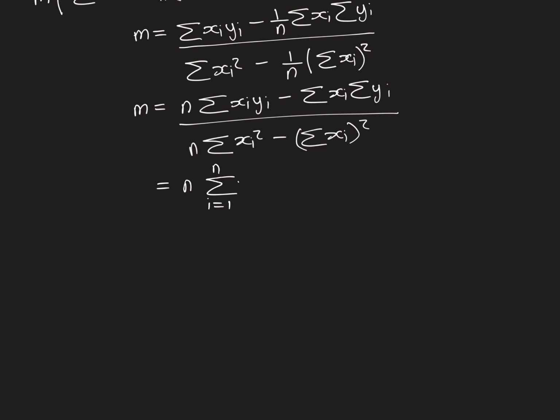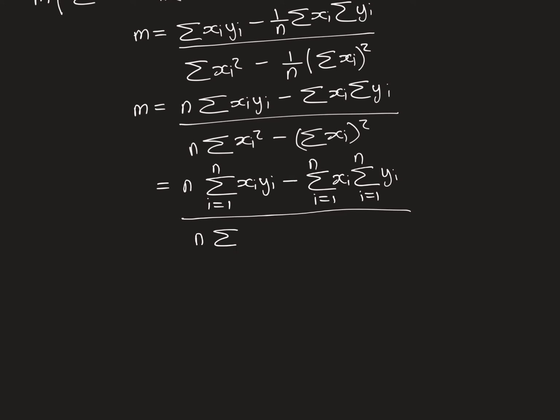So the sum from i equals 1 to n of xi yi minus the sum from i equals 1 to n of xi times the sum from i equals 1 to n of yi. This is the reason I haven't been doing it for the entire video. Divided by n times the sum from i equals 1 to n of xi squared minus the sum from i equals 1 to n of xi all squared. So there is your final formula for what m is equal to. In fact, I wish I hadn't bothered writing that one out because this one is far prettier.